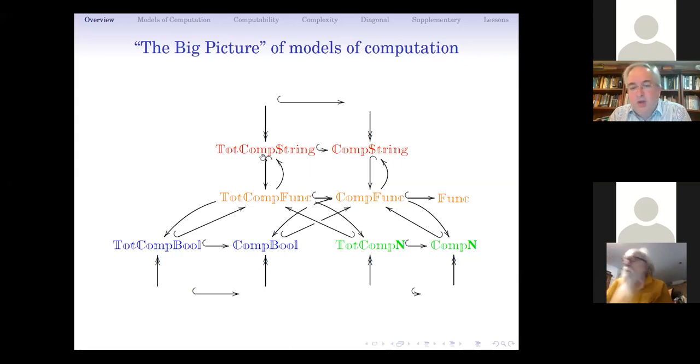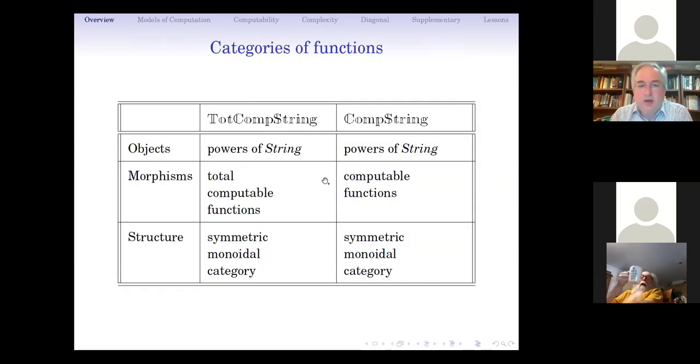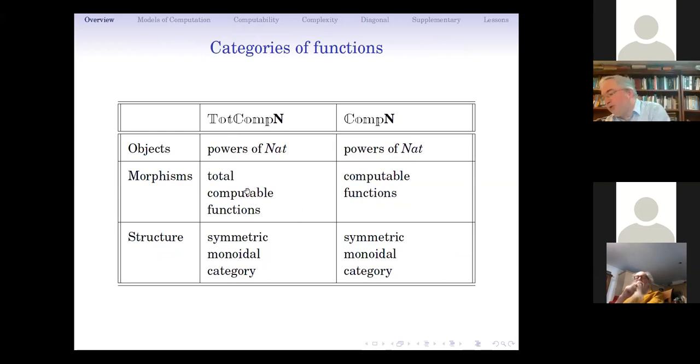Okay, and these all are subcategories which deal with total morphisms. Let's just go through the things. Strings, the objects are powers of strings. There are computable functions between powers of strings, symmetric monoidal category, same thing for that. Same thing for natural numbers. This is going to be dealing with register machines. We're going to have computable functions, symmetric monoidal functions, total computable functions, et cetera.